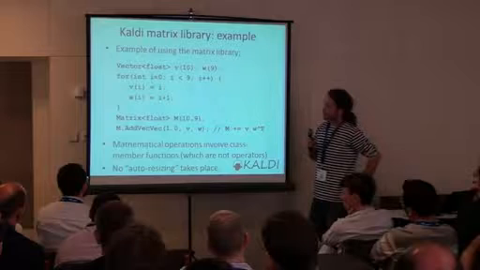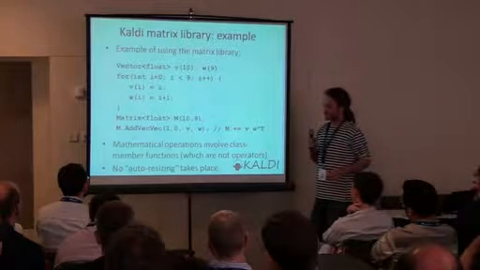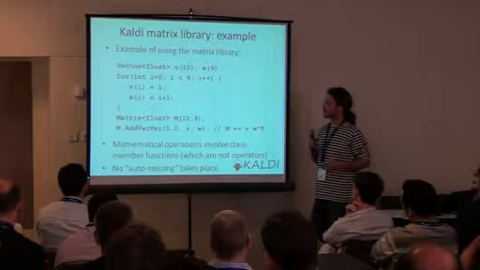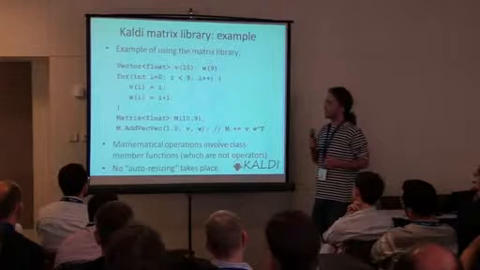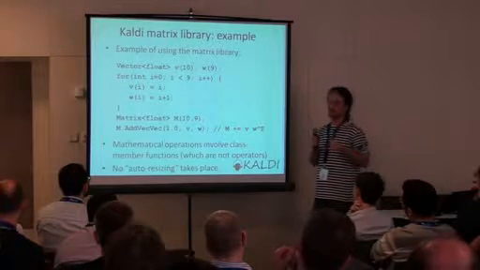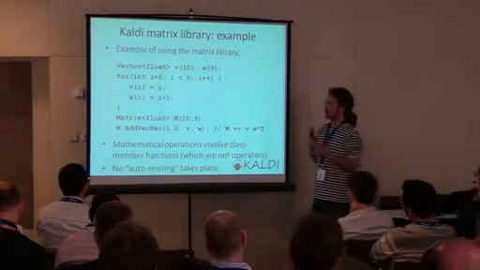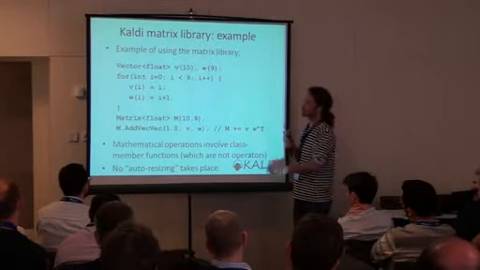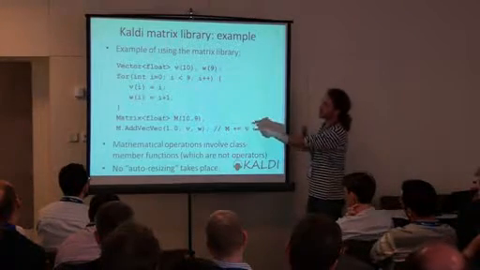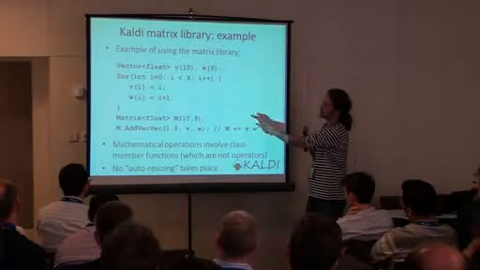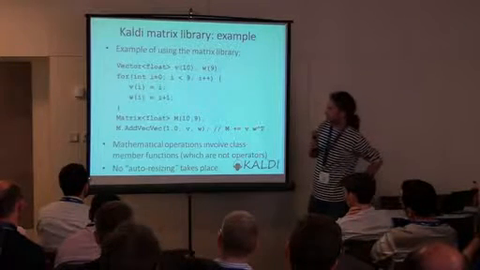We don't use operators because they're difficult to debug, and we want it to be as much C or C++ as possible. So everything is called by functions. Here you can add a vector, and that's basically it.